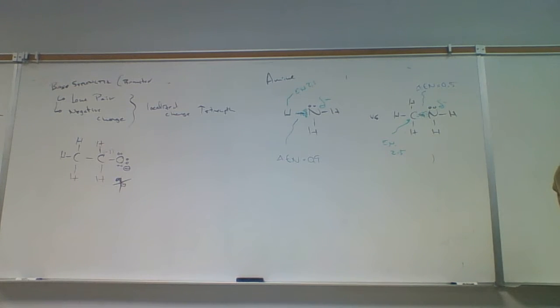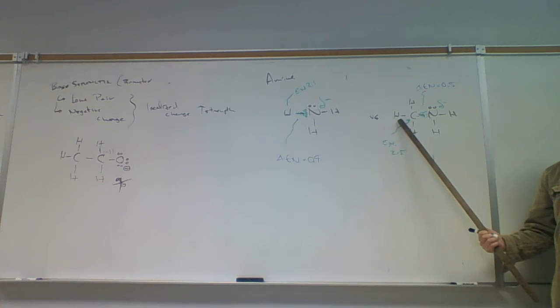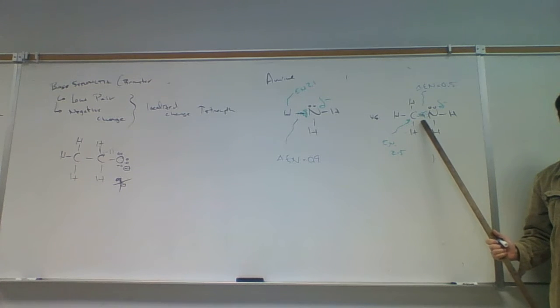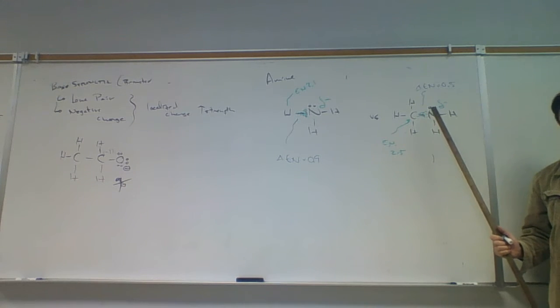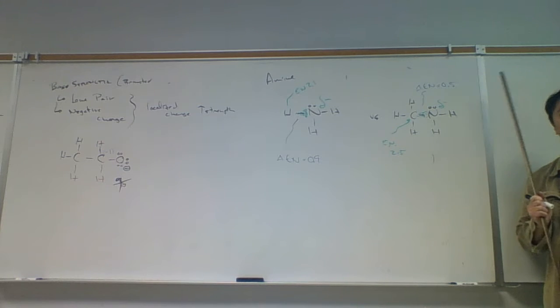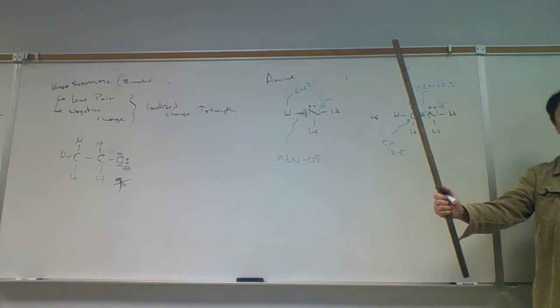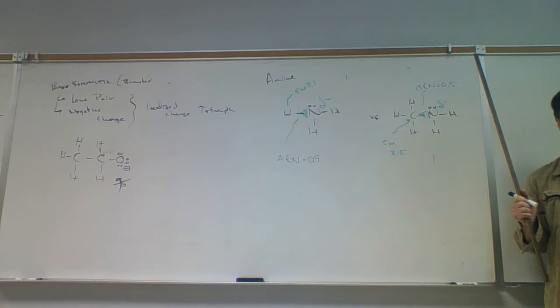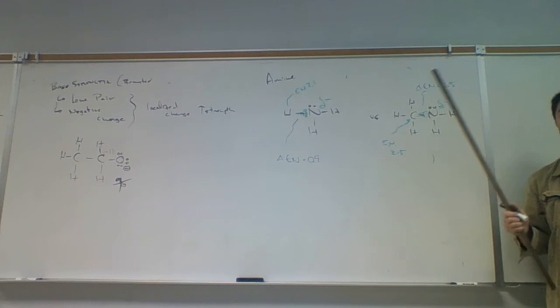So we're looking at the substituent, a methyl group versus a hydrogen group. When you look at a methyl group, what do you think? Electron pusher or electron withdrawer? Sure, I think of electron pusher.